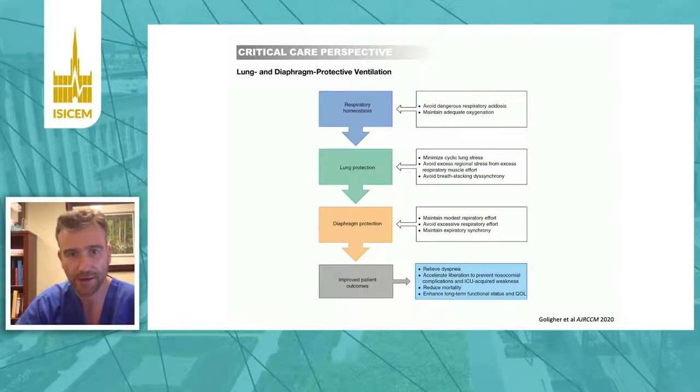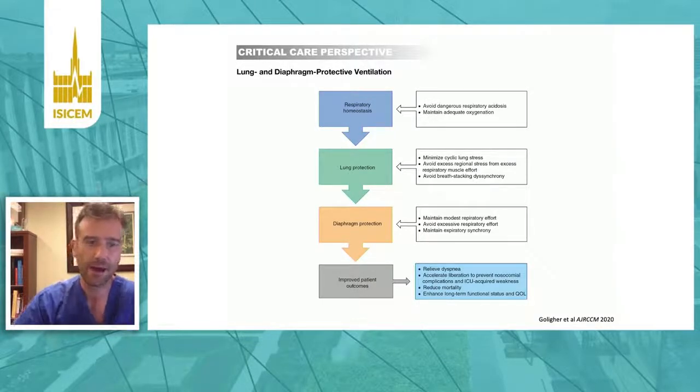And this is achieved by, along with maintaining adequate respiratory homeostasis and along with protecting the lung, targeting a modest respiratory effort level to avoid both load-induced injury and diaphragm atrophy and maintain patient-ventilator synchrony. And the vision is that by adding this third dimension, we can further improve outcomes.